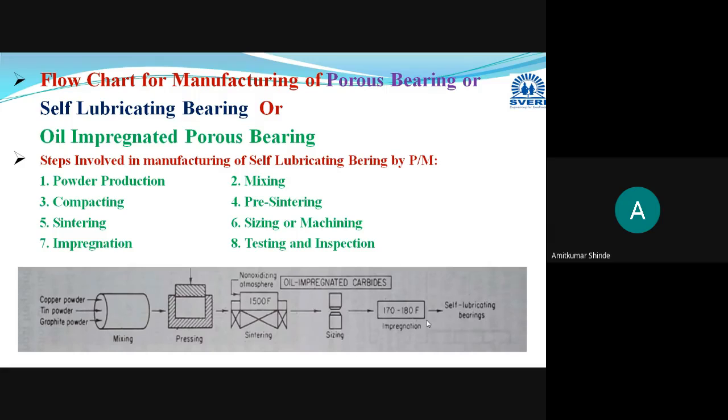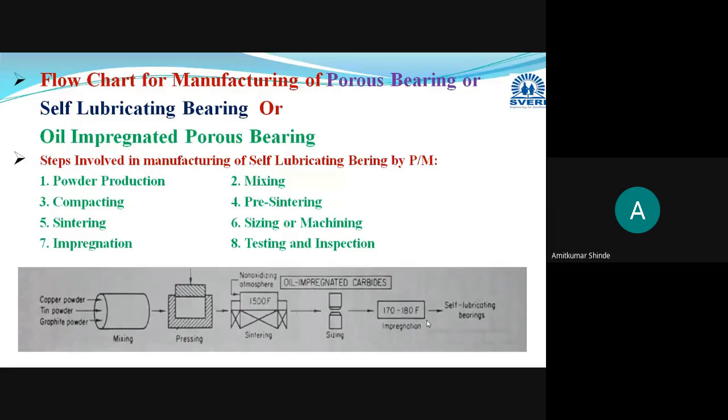Now, before deciding the application, you have to consider some parameters. Suppose the porosity obtained is very high. Please listen carefully. Whenever porosity is very high, its oil retaining capacity is very high. Due to this, its strength will be a little less.